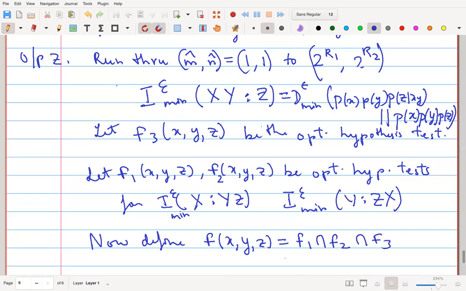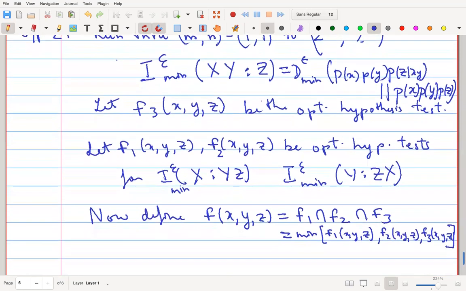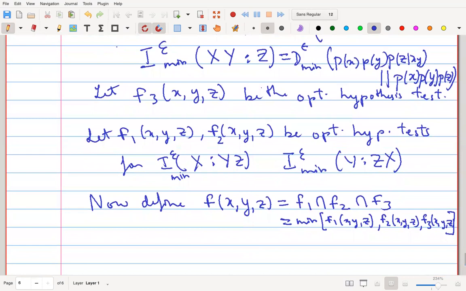But what it really means is it is the minimum of the three quantities F1 of XYZ, F2 of XYZ, F3 of XY. Okay. So is the definition clear of F? This is what I would like to call the minimum or the intersection hypothesis test.